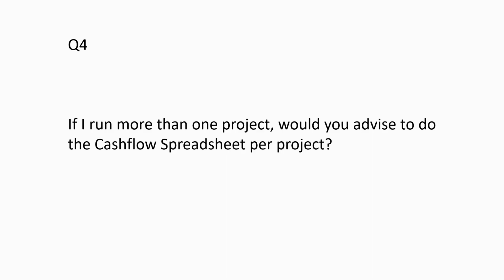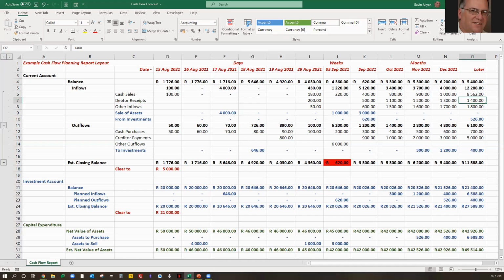Is it a better position to do it by project? The answer to that question is yes and no. Well, let me tell you why I've given you both answers. Remember, your cash flow is about your total business.